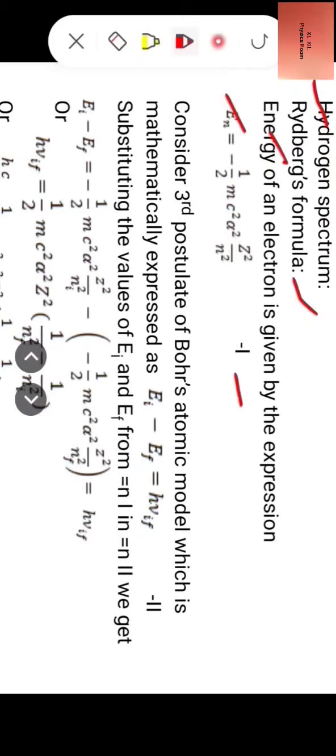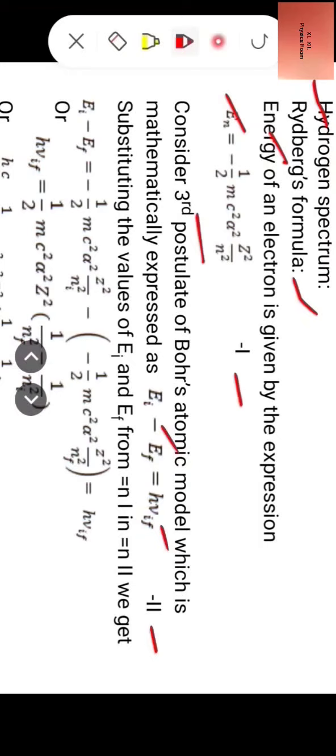Now consider third postulate of Bohr's atomic model, which is mathematically expressed as EI minus EF is equal to h nu IF. Let us mark it as equation 2. Here I stands for initial and F stands for final. So E initial minus E final is equal to h nu initial final, that is when an electron jumps from initial orbit to the final orbit.